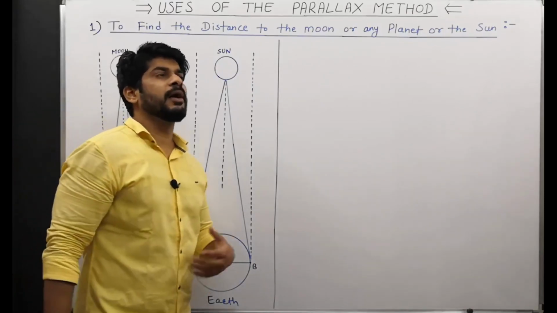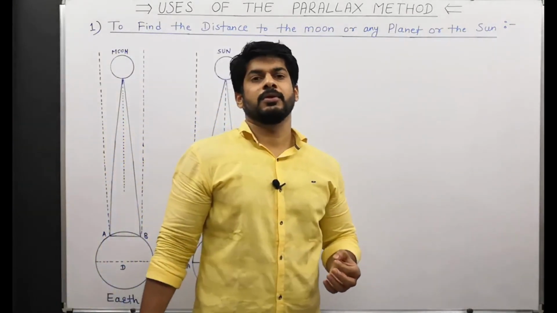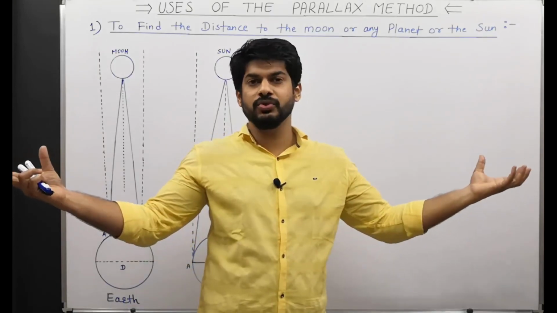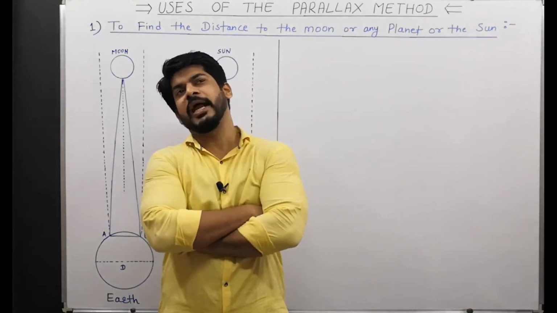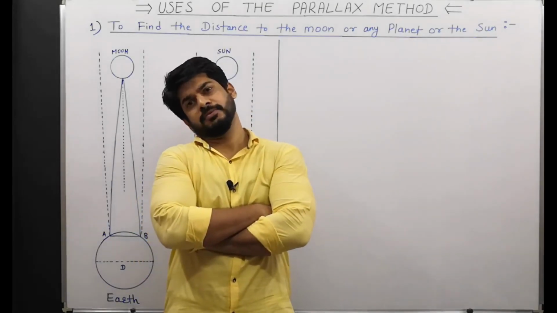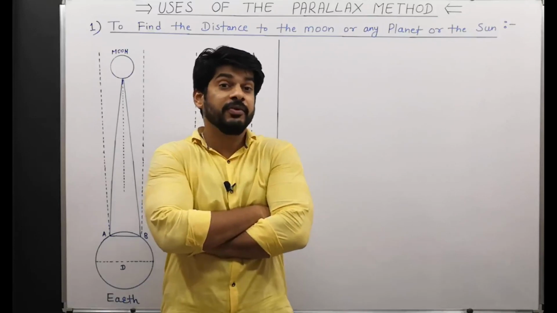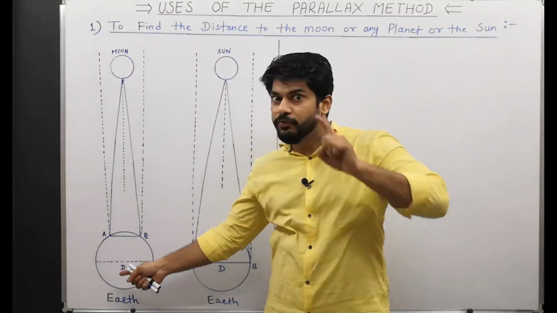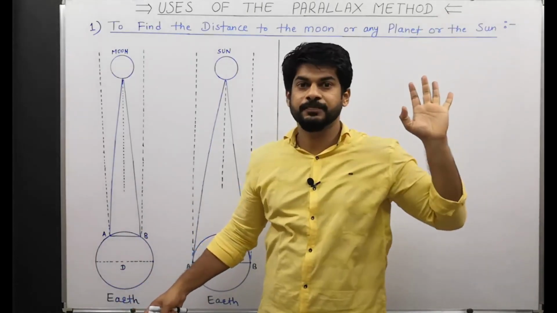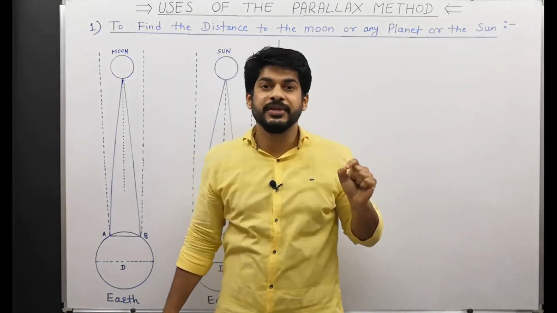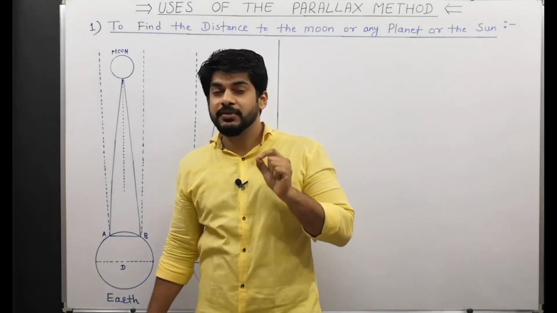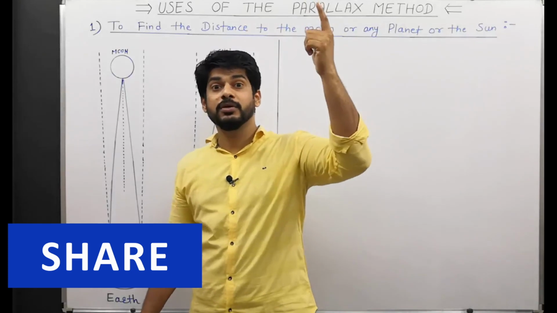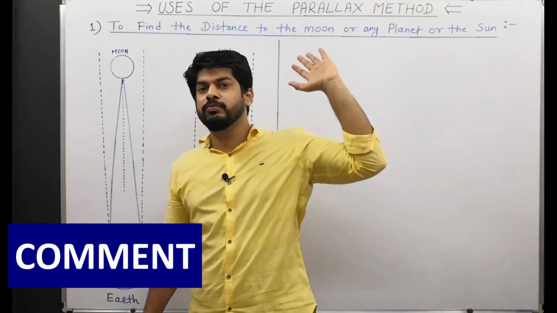Now, what do you mean by these points of observation? Is it just 2 locations on the Earth where we just go stand and observe the skies? Is it something like this? Definitely no. At these 2 locations that we choose, we have to build our observatories, and in those observatories we must have some telescopes, because we are observing a very far object.